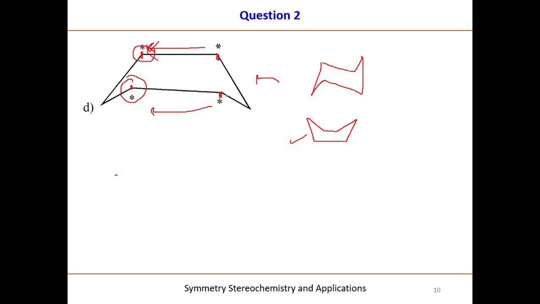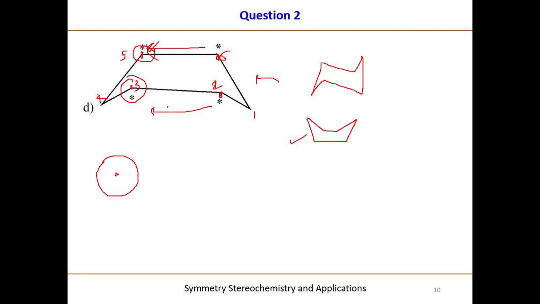So first I will write this carbon here, then the backside carbon. I will give the numbering so that it becomes better. 1, 2, 3, 4, 5 and 6.